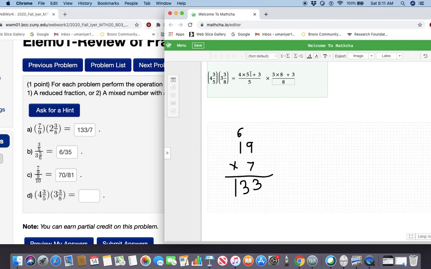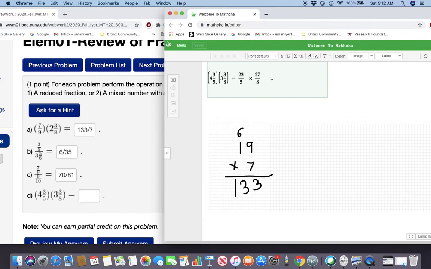Let's resolve each one. This is 4 times 5, which is 20. 20 plus 3 is 23. Here 3 times 8 is 24. 24 plus 3 is 27. At this point we see whether we can reduce any of these, even across.